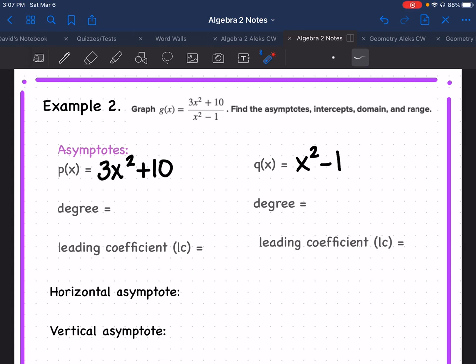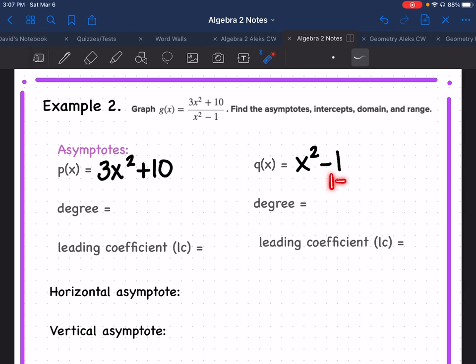This one, however, Q of X, this is the difference of squares. This is x times x, which is a perfect square, and this is 1 times 1. And notice that it's missing that b term, right? It's ax squared plus bx plus c. It's missing this one. To make that term missing, b has to be 0.